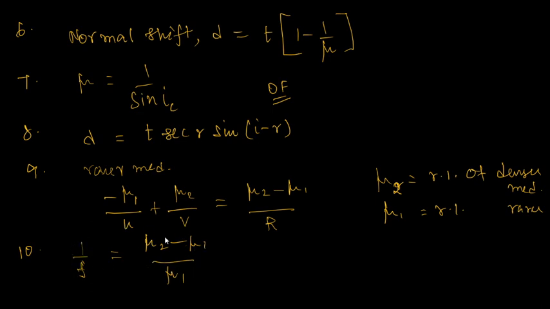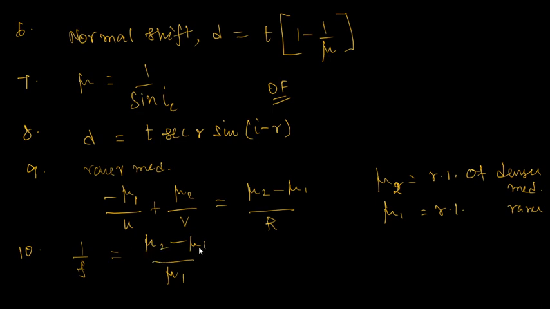So sometimes there are problems based on the refractive index of the media only, and they may ask the focal length. Normally for the mirror formula, you need 1 by f, that is 1 by v minus 1 by u, is it not? But in this case, without that, you can find out the focal length just by using the refractive index. So that is why this is a very important formula.